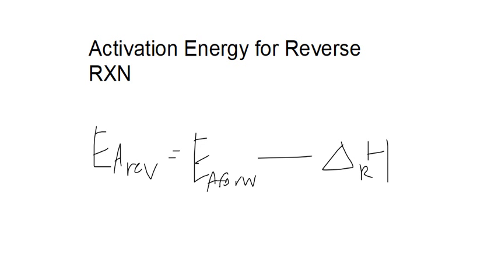We should keep the sign of the enthalpy, whether it was negative or positive. If it was exothermic, then it would be negative, and forward plus that would be a positive value, which means the reverse is going to be endothermic.